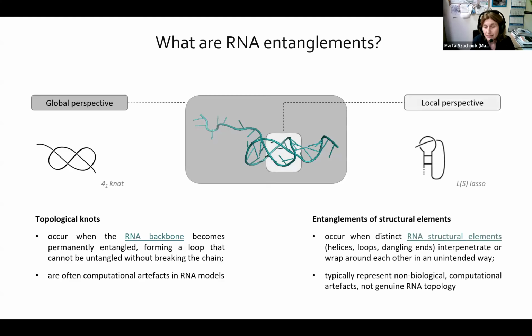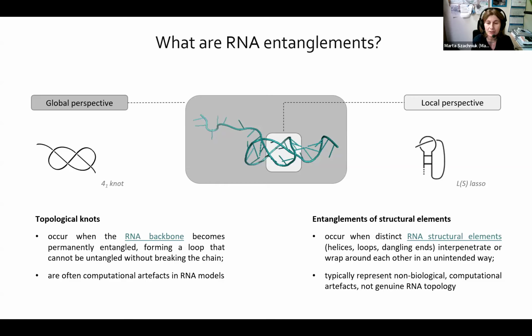We can also look at the structure locally and try to find whether there are any regions of the chain that form entanglements. When we look at the structure from the local perspective, we look at elements like loops, helices, and single-stranded fragments of the chain, and we try to find out whether there are some collisions between these elements.